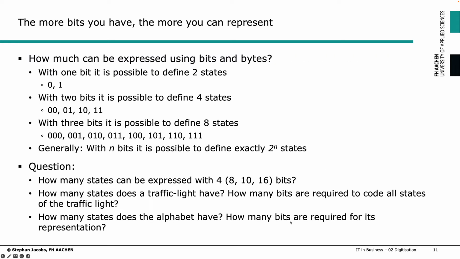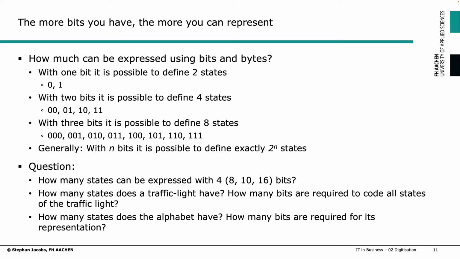So how much can now be expressed using bits and bytes? Let's start with simply 1 bit. Using 1 bit it is possible to define what we call 2 different states. One state could be 0 and the other one is 1.